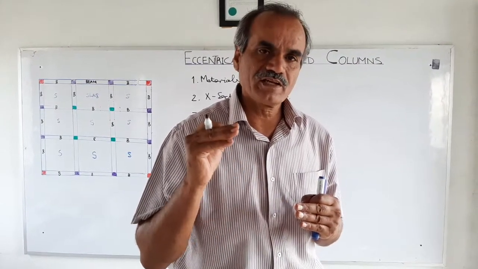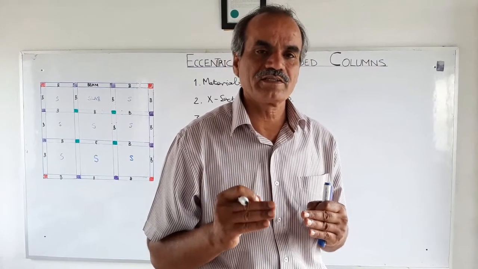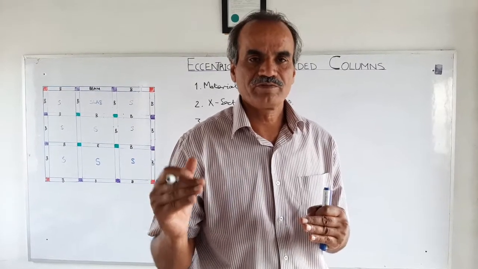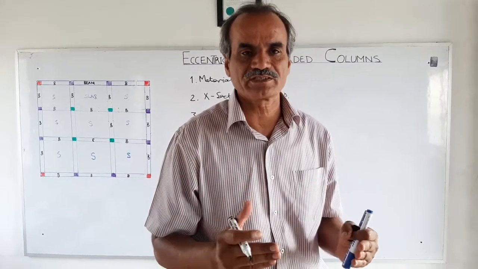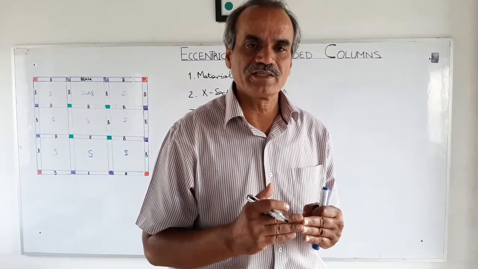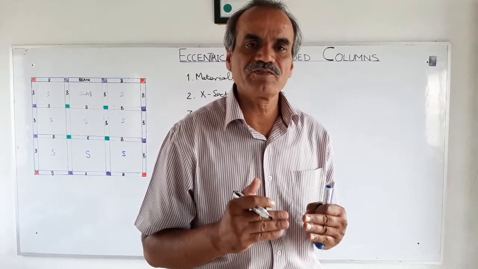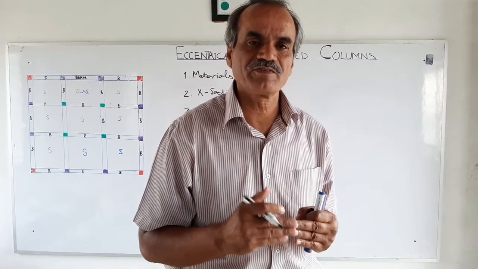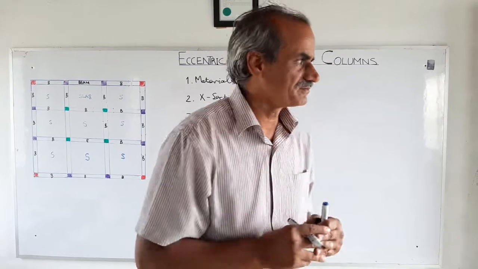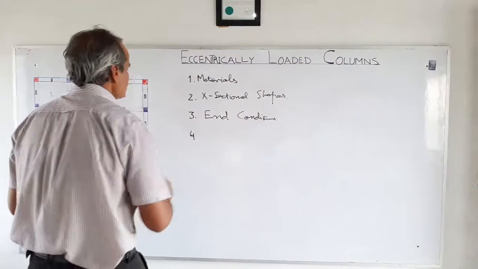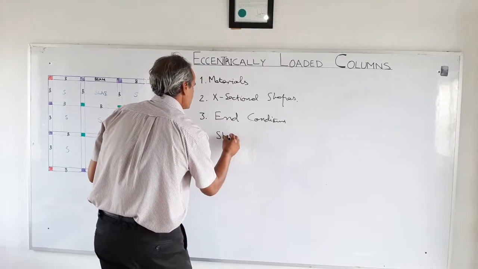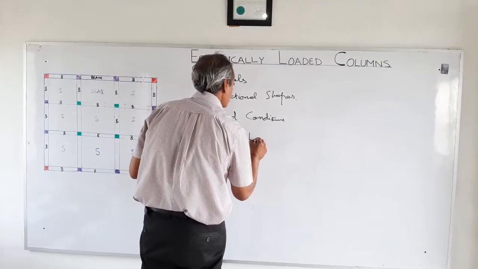If the ratio of the unsupported length to the least dimension of the cross section is less than 40, we call it a short column, and if it exceeds that limit, it is categorized as a long column.